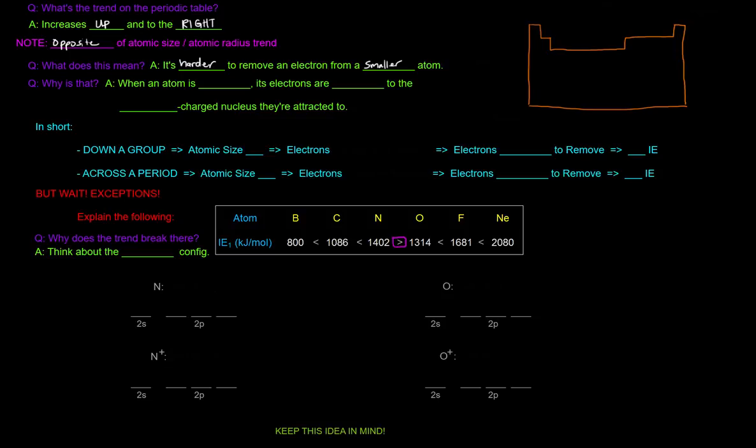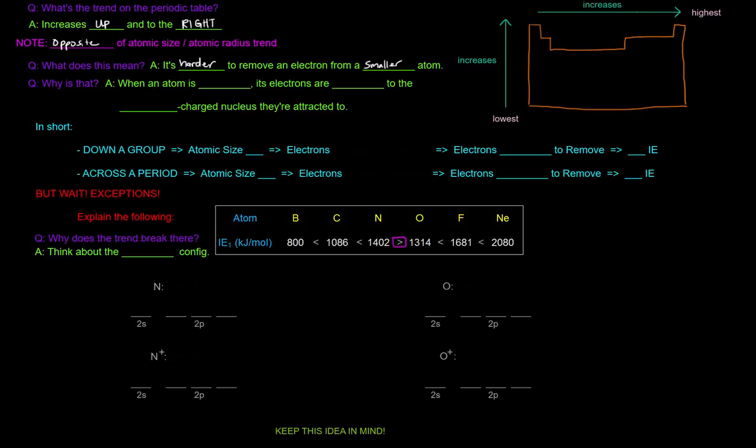So remember, atomic radius increases down and to the left. Ionization energy increases up and to the right, so that's opposite in both ways. It increases going up this way, and it also increases going across this way.